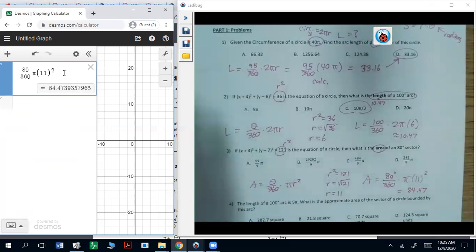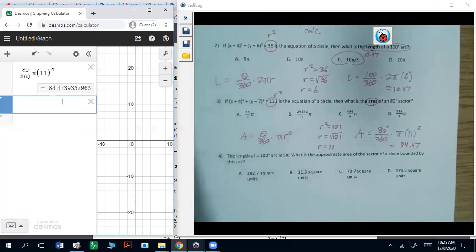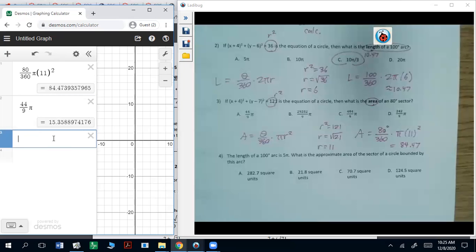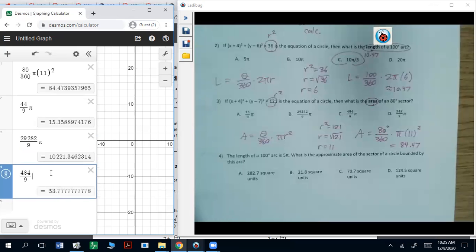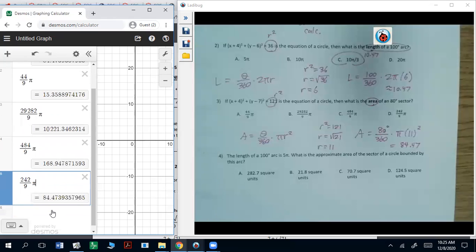So we'll plug in each answer choice. 44 divided by 9 multiplied by pi, too small. 29282 divided by 9 multiplied by pi, way too big. 484 divided by 9 multiplied by pi, too big. So it's going to be D, 242 divided by 9 multiplied by pi.